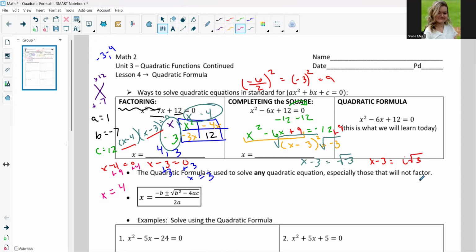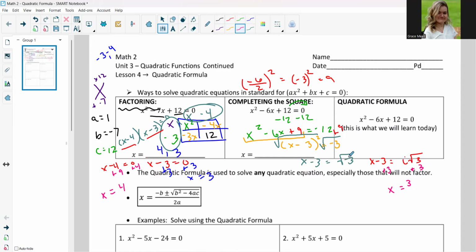Then, to get x by itself, I'm going to add 3 to both sides. And then x equals, now I'm going to put the 3 first. Typically you want to put the number first, and then you want to put the imaginary part second.